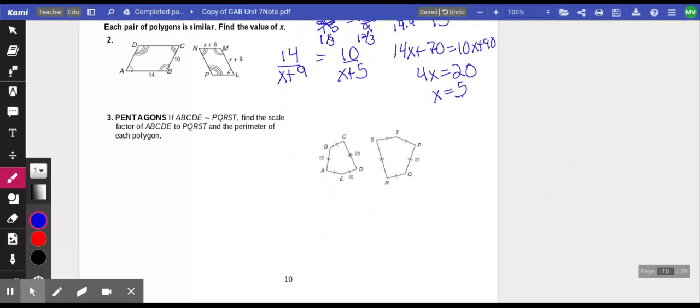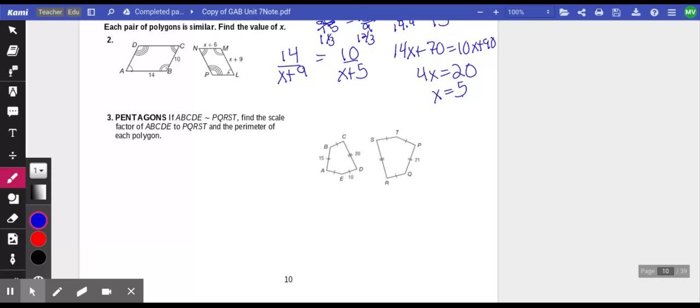Number 3, pentagon ABCDE is similar to PQRST. Find the scale factor of ABCDE to PQRST and the perimeter of each. So the scale factor, we're going to do a part of PQRST over a part of ABCDE that corresponds.